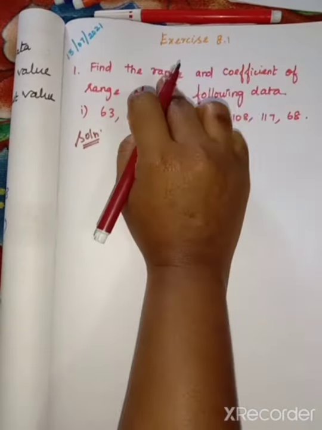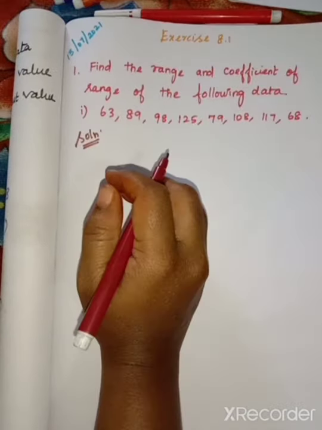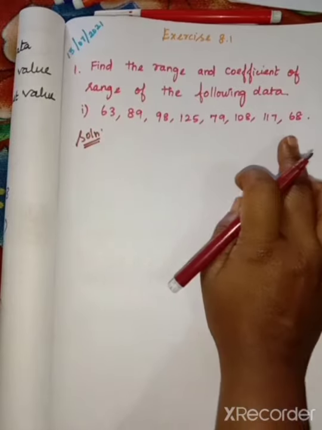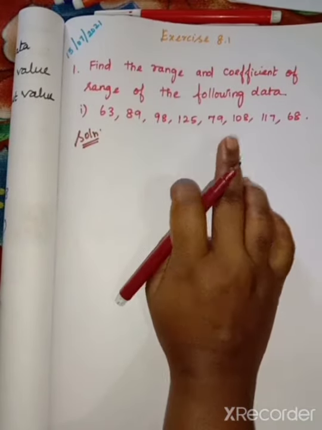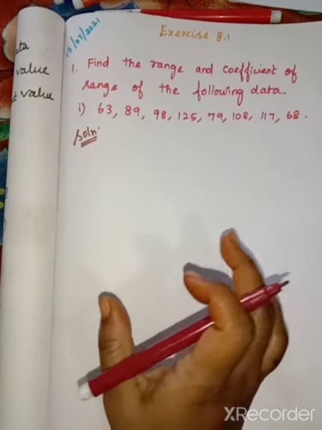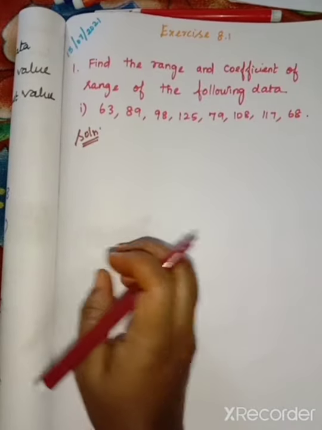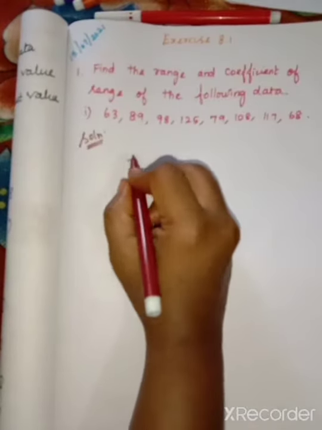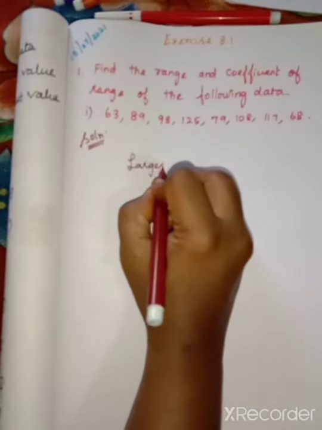Before that, we want to find the largest value and the smallest value. If you can see them straight away, there is no problem; otherwise you have to write the data in ascending order and find which one is the smallest value and which one is the largest value.